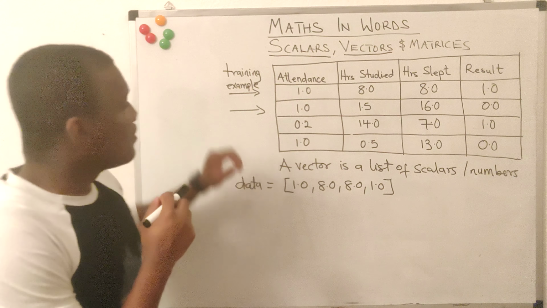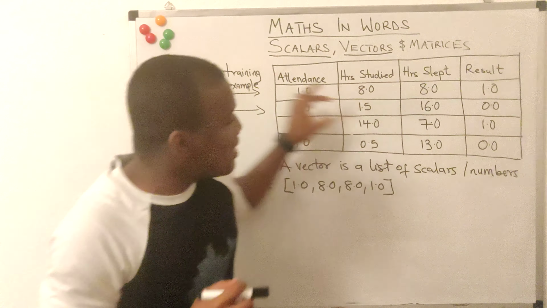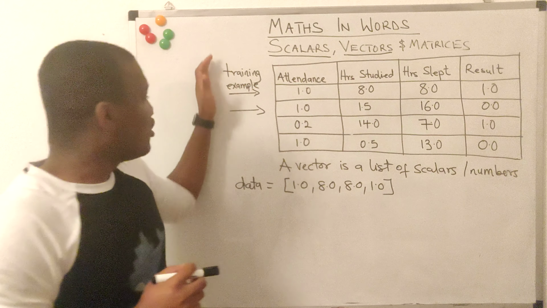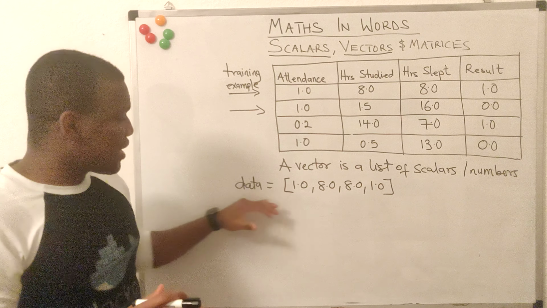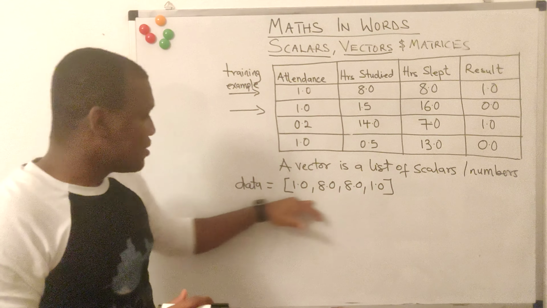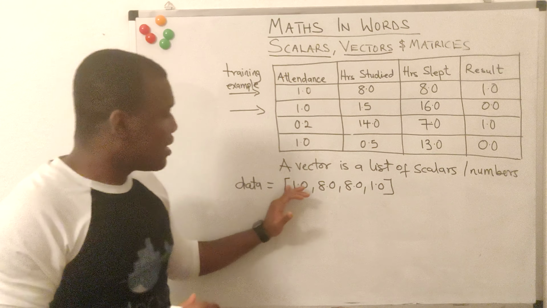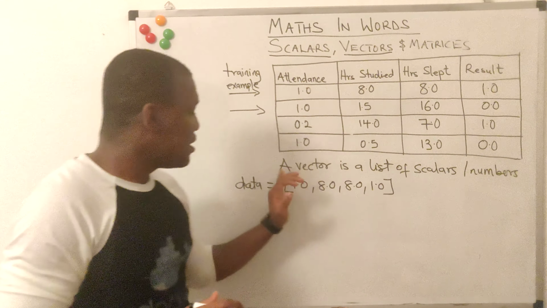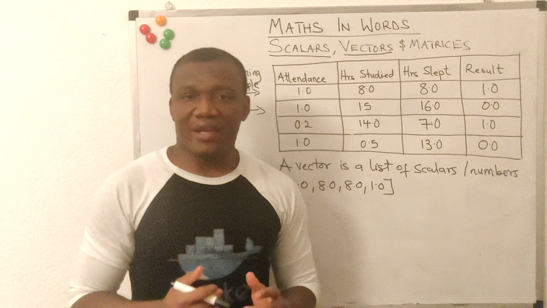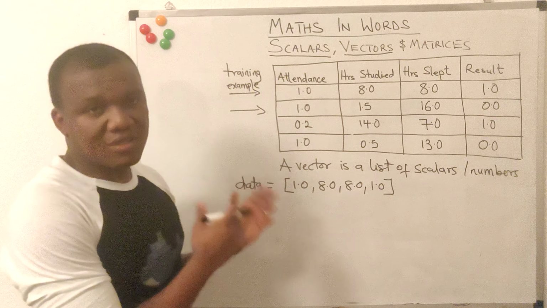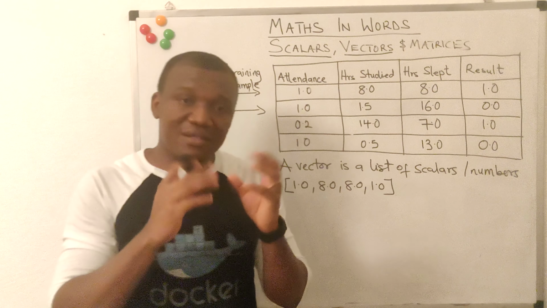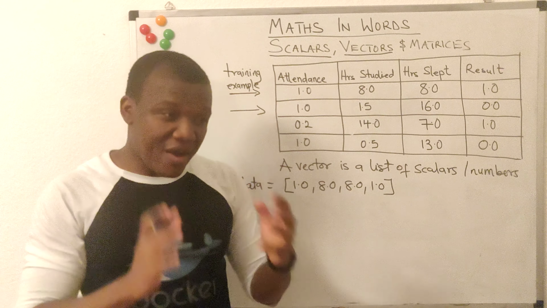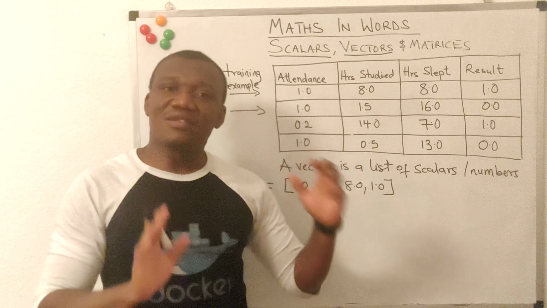So as you can see, each one is an instance which we call a training example. And we can represent that as a vector just like this. It is a set of scalars in rectangular brackets as far as Python is concerned. And this is the understanding of vectors that you need as far as machine learning is concerned.